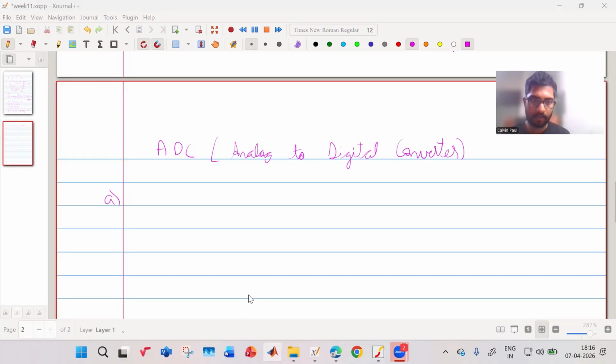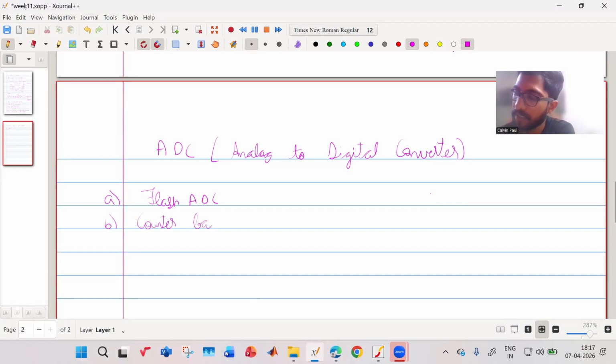Okay. So R2R ladder, SAR. R2R ladder is for DAC and successive approximation, yes, that is for ADC. What other things? So, Sir had mentioned something known as the Flash ADC. After Flash ADC, there is the counter based ADC.